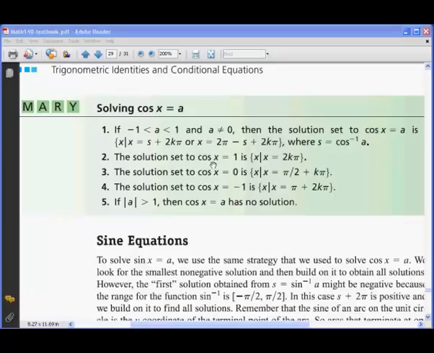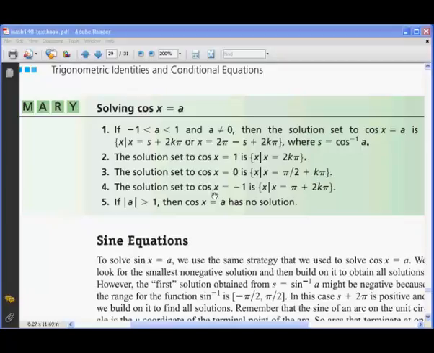And another special case, cosine x equal to 1 is just the set of x such that x is equal to 2k pi. So we solve this equation when a is equal to 1. Another special case, cosine x is equal to 0. So this is just half pi plus a multiple of pi, not a multiple of 2 pi, right?